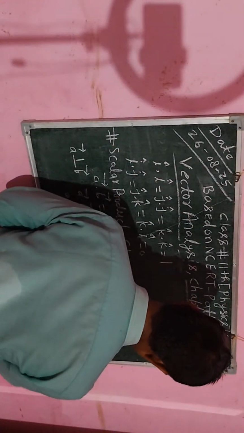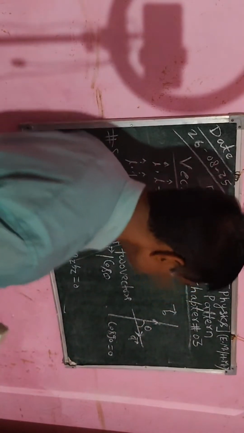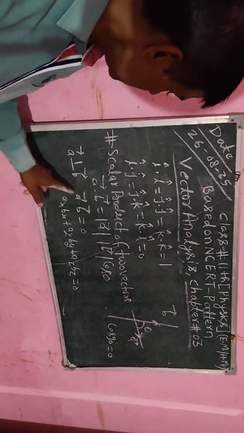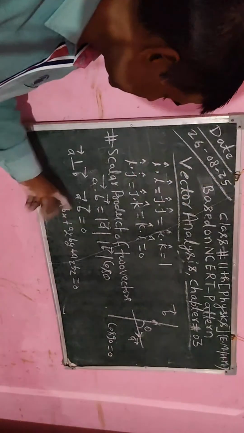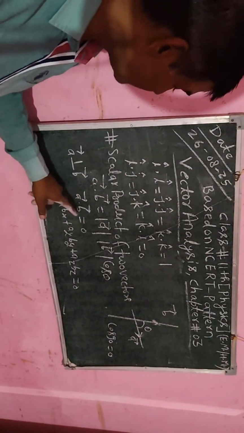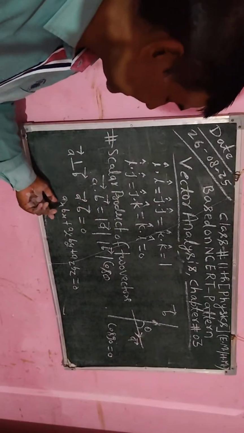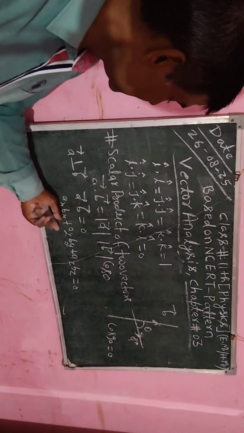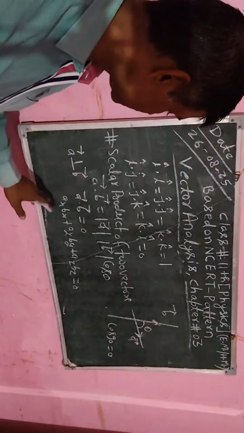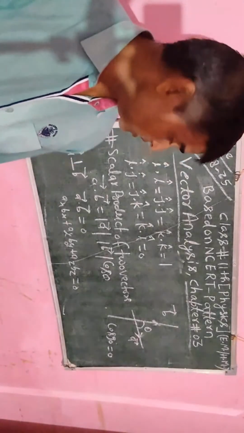So A dot B equals 0 means vector A is perpendicular to vector B, or vector B is perpendicular to vector A. In this case I will use the expression AX BX plus AY BY plus AZ BZ equal to 0. I will also say vector A and vector B are perpendicular to each other.